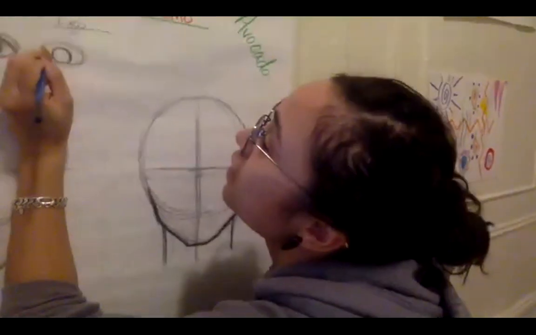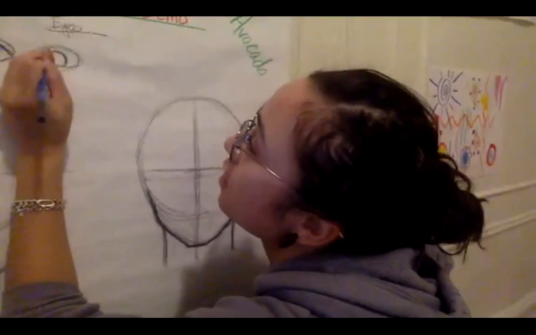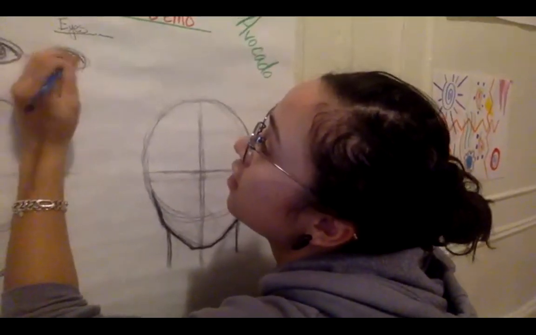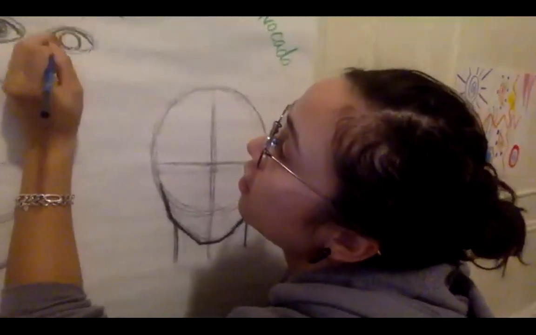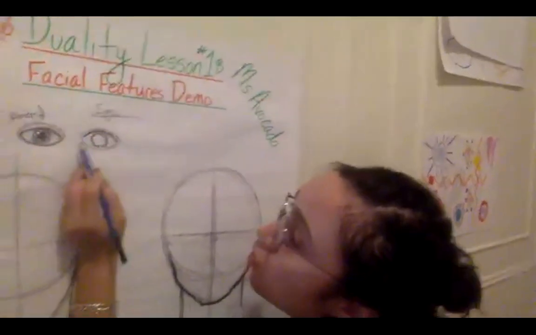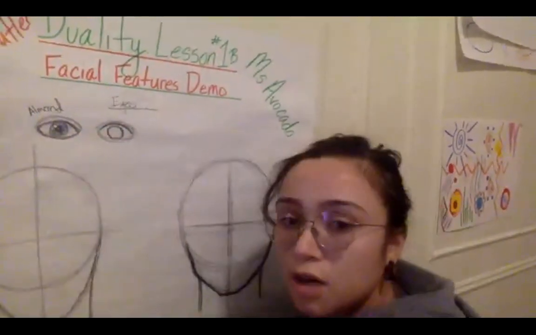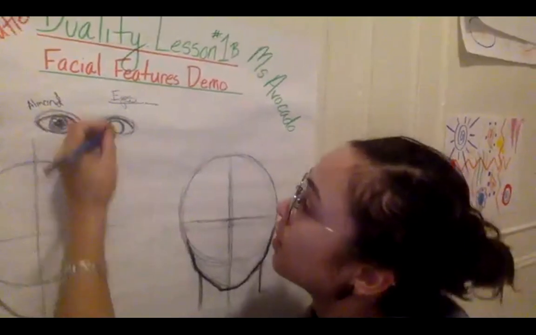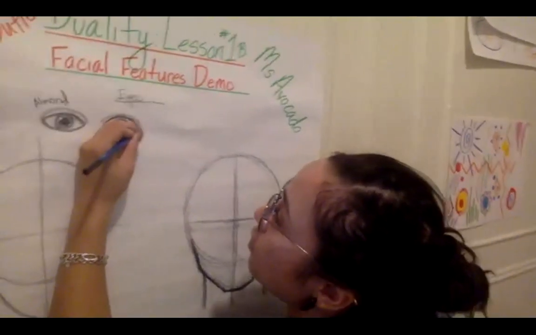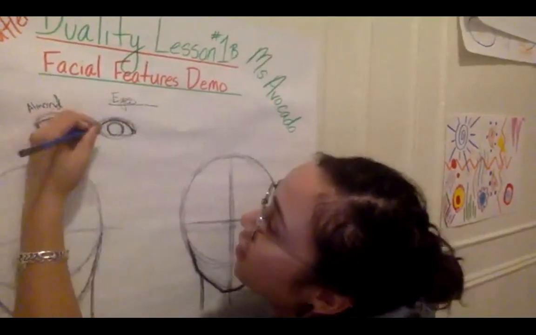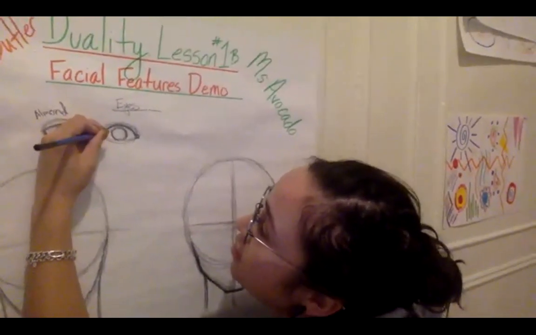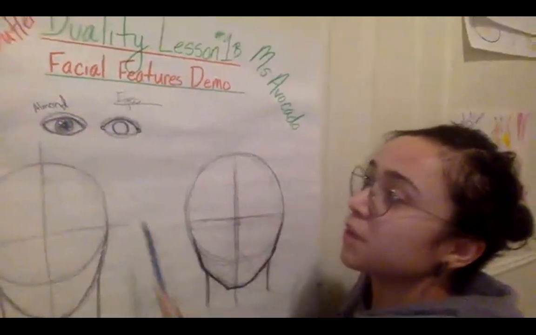So our lemon goes like this. You see that round? It goes over a little bit. These are the people that you look at and you're like, oh my God, you have such big eyes. And they're like, I know. And then they have the little lemon pinch right there.